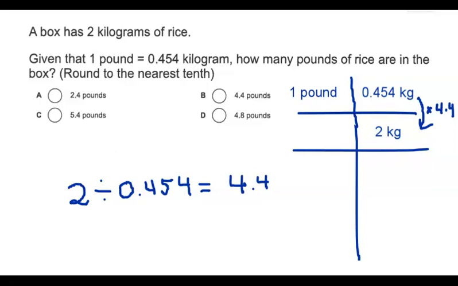So 0.454 times 4.4 will give you 2 kilograms. Then you just do 1 times 4.4, and that will give you 4.4. So 4.4 pounds is the same as 2 kilograms. There we go, and we've run that conversion.